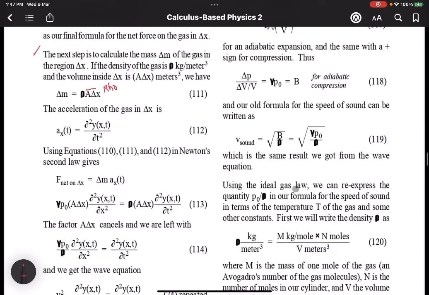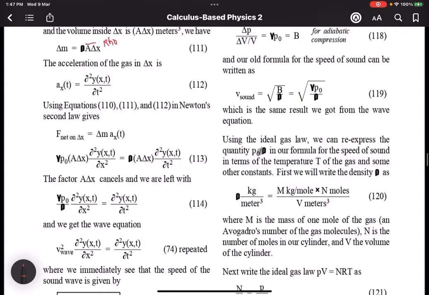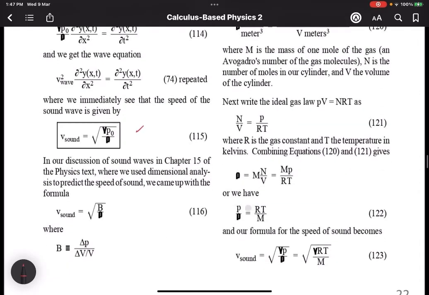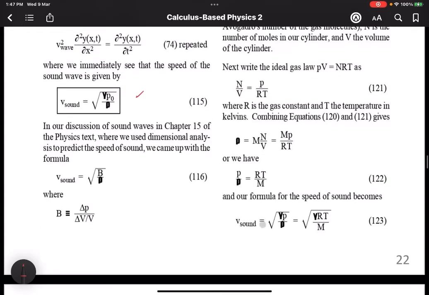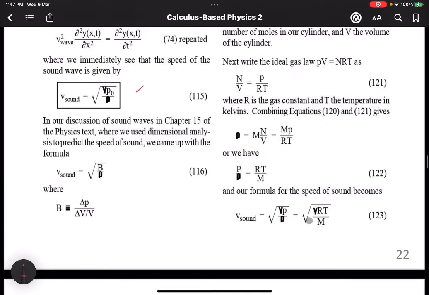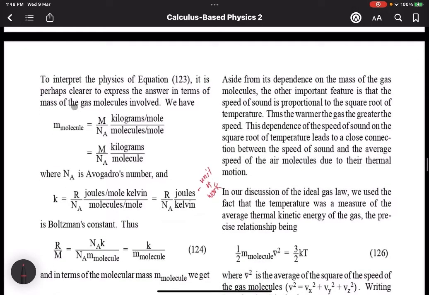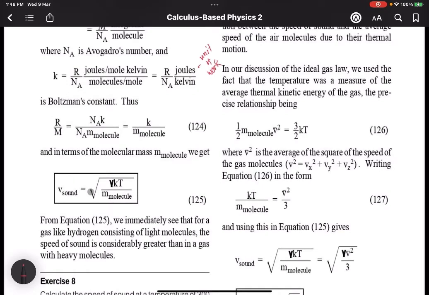So using the ideal gas law, we can re-express the quantity P0 over the density of the gas. We have P0 over the density is equal to RT over M. And using that, we will have the velocity of sound as equal to the square root of γ times RT over M. If we express it in terms of the mass of the gas molecules, we will have the following formula: velocity of sound is equal to the square root of γ times kT over the mass of the molecule.